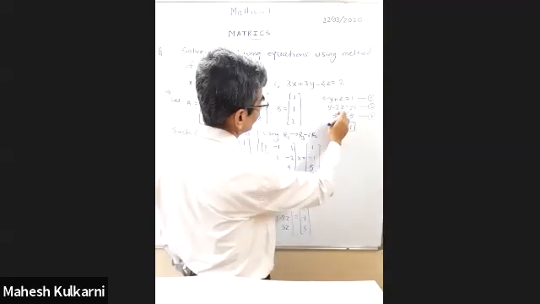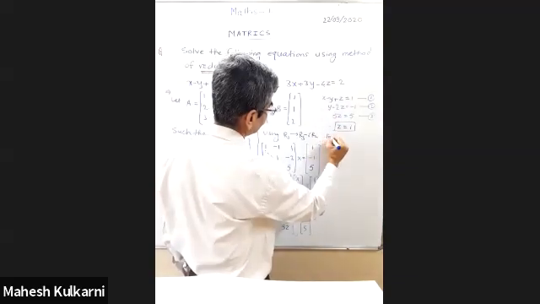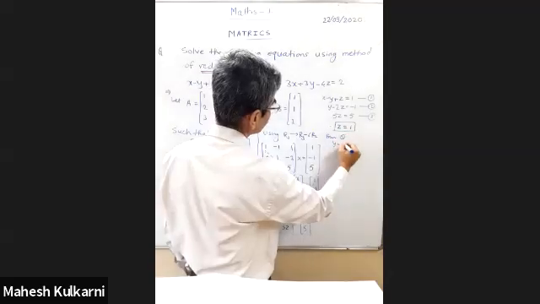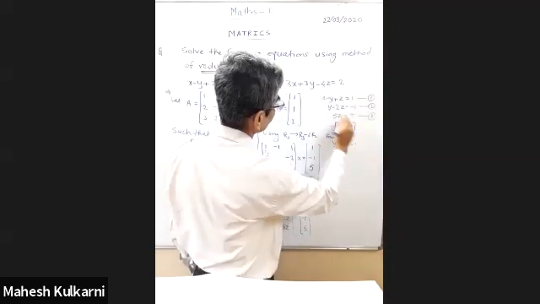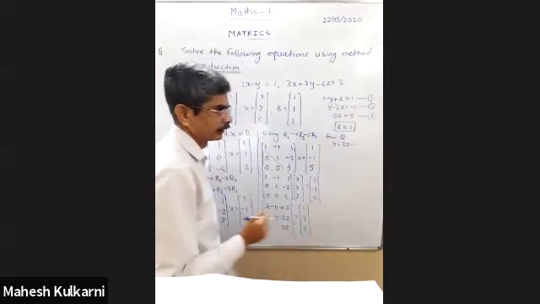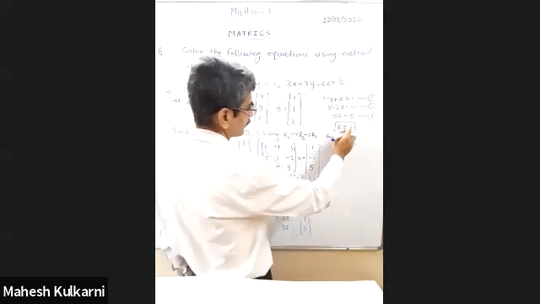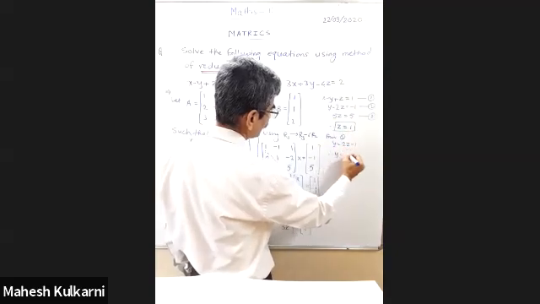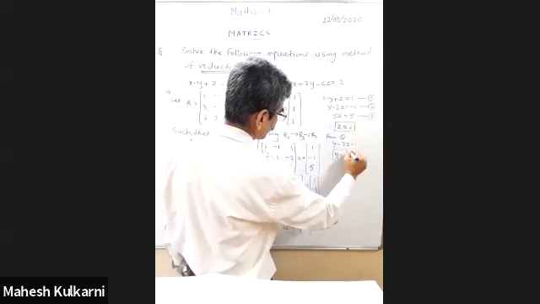Now put this value in equation 2. From equation 2, what is y? Y is equal to 2z minus 1. But what is the value of z? Z is 1. Therefore, y is 2 minus 1. So y is also 1.